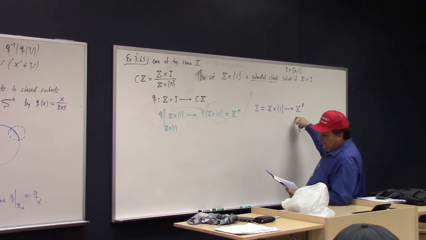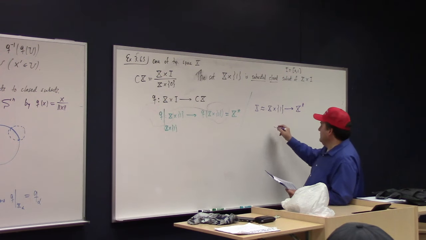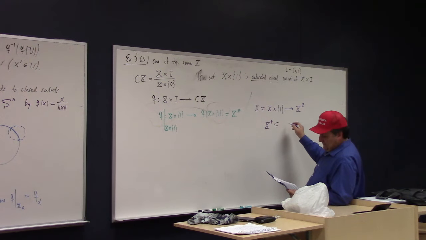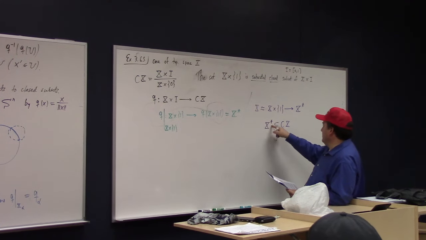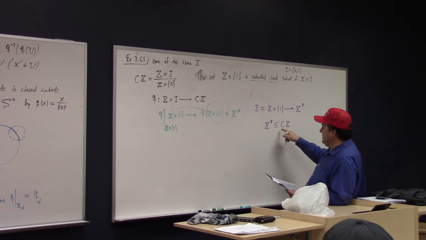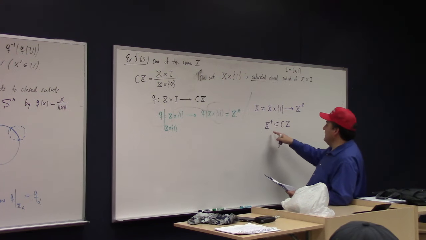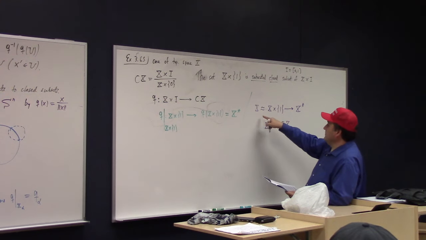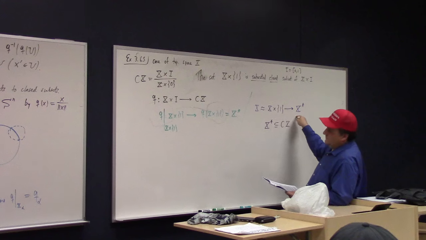He says one typically identifies X with its homeomorphic image, X star, a subset of CX. So basically you can think of X star as a subset of the cone over X. So anyway, the cone over X, long story short, is there's a canonical way of seeing the space X as a subset of the cone over X. And it's done using this identification paired with this quotient map.